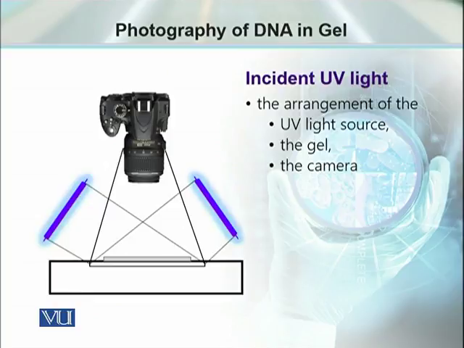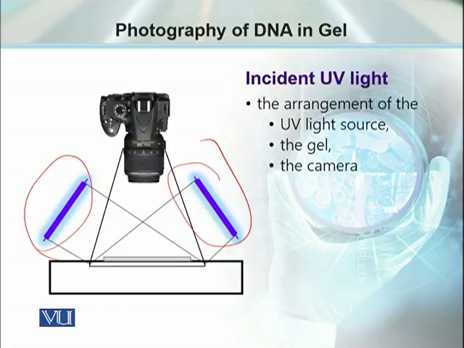The second method or the second arrangement of the components involved in incident UV light uses the UV lamps not below the gel, rather these are above the gel. Through these lamps from both the sides, the UV light is emitted and is going to hit the gel, and then the bands are fluorescent here, which is recorded by this camera.